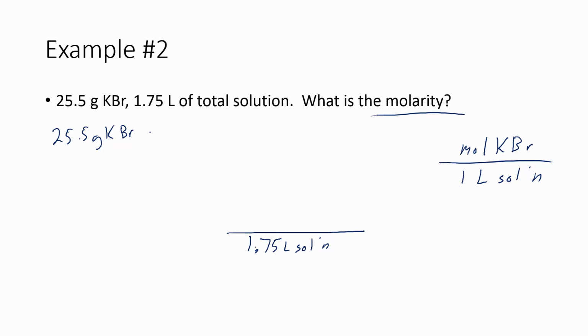And let's calculate the number of moles of potassium bromide by grabbing a periodic table and adding this up. Potassium is 39.098 and bromine is 79.904.